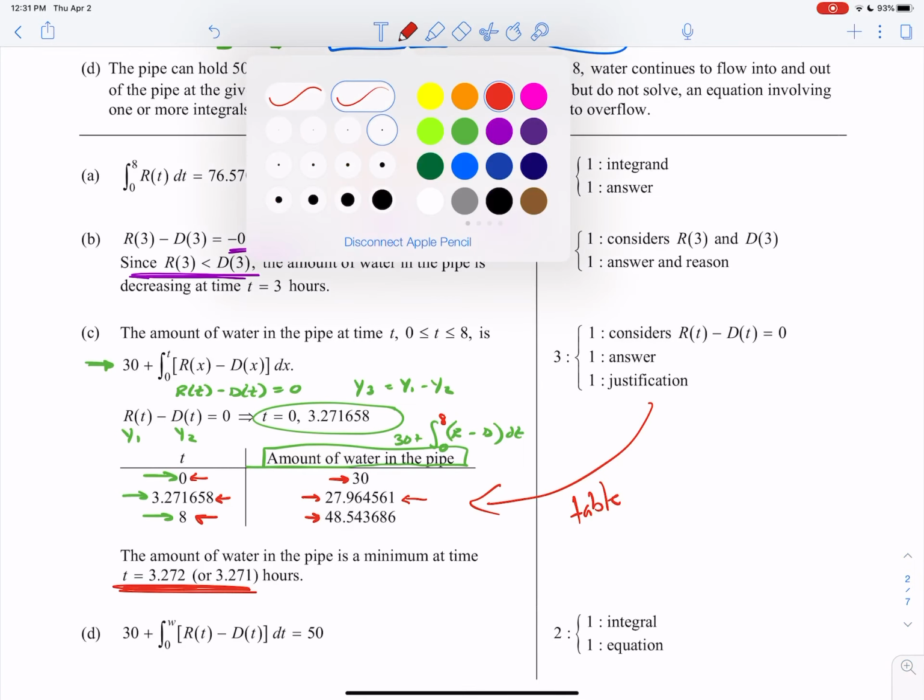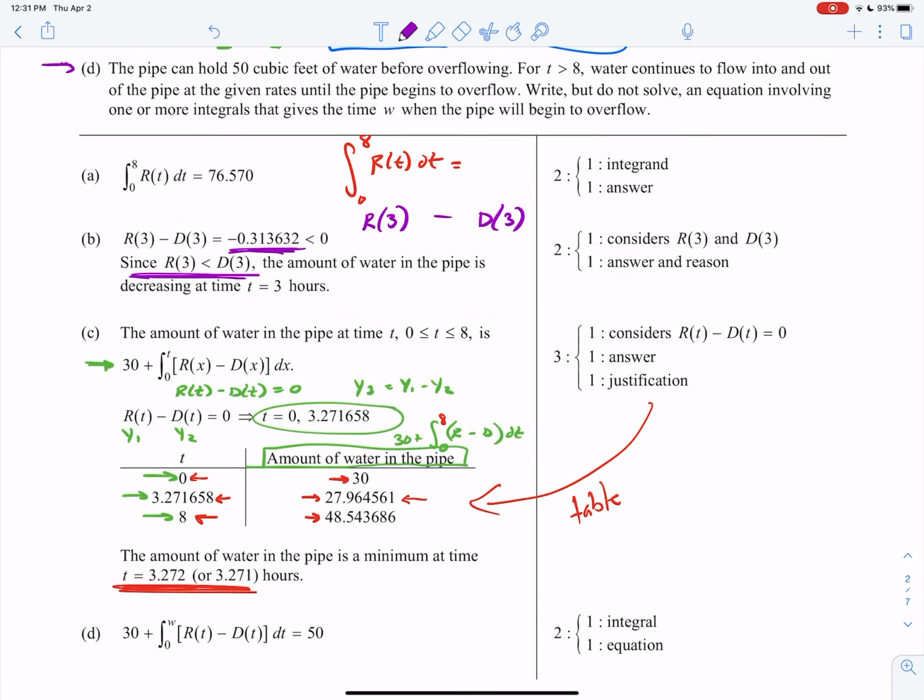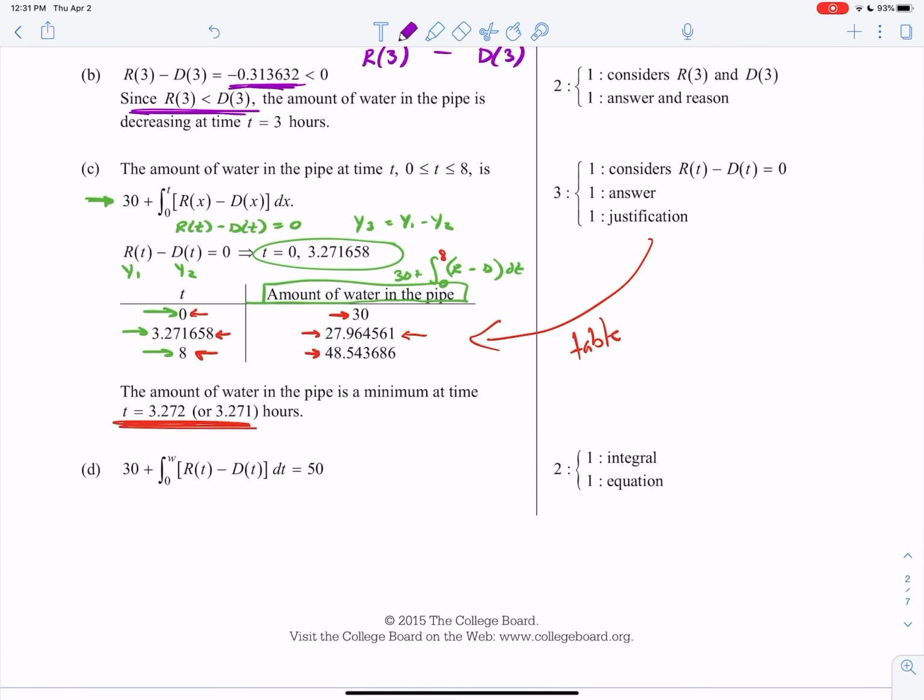Here's the last one. They tell you that the pipe can only hold 50 cubic feet of water before it starts overflowing. For t greater than 8, water continues to flow in and out of the pipe at the given rates until the pipe begins to overflow, but do not solve an equation. So it's pretty straightforward. This is how much you started with, and this is how much you accumulated.